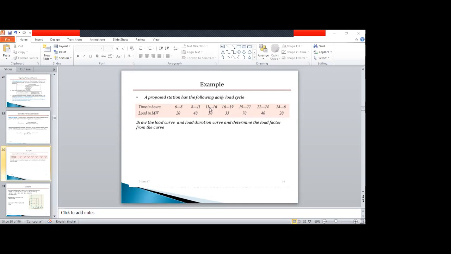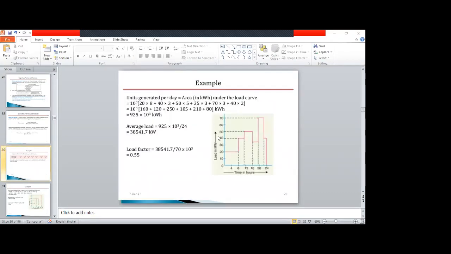Here it is not specified as 1 to 5 p.m.; it is continuously mentioned. Then 22 to 24 means midnight 12 a.m., then from 24, midnight 12 a.m., to morning 6 a.m. that is 20 megawatts. Is it clear? Now we will see how to plot this load curve.